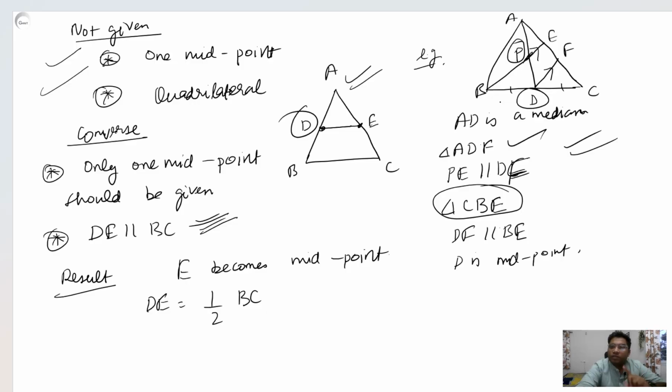Yes, I have parallel lines, but of midpoints I only have one. If you're thinking D was also a midpoint in triangle ADF, D was a midpoint, but not of any side in triangle ADF. D was a midpoint in triangle CBE.